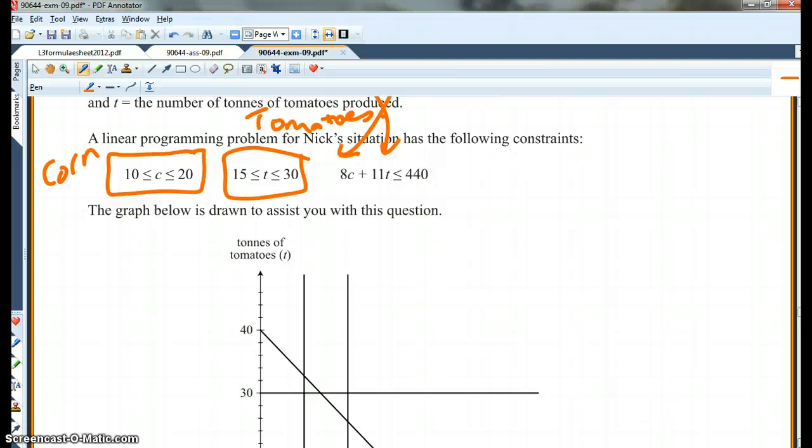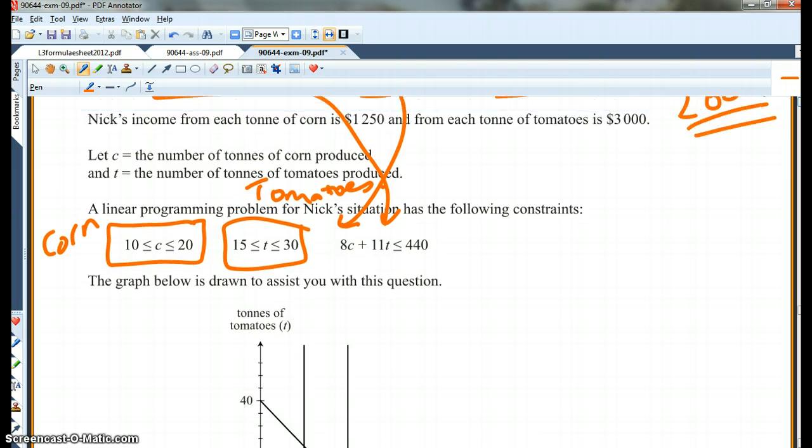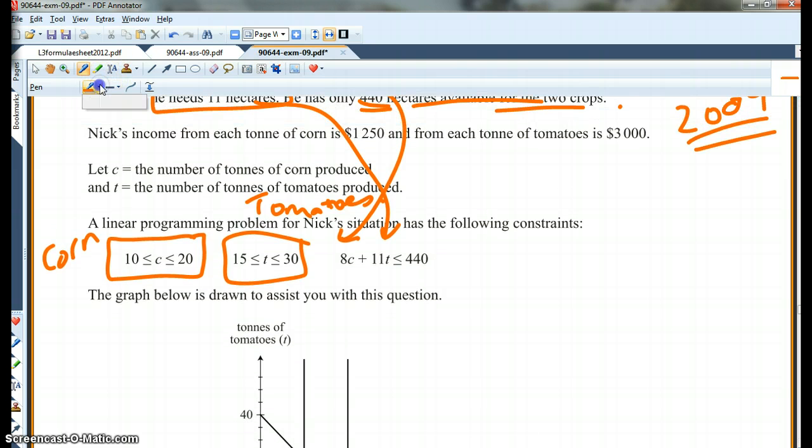So what are the other numbers going to be used for? What are these numbers here going to be used for? Say again? The income, yeah, the equation.